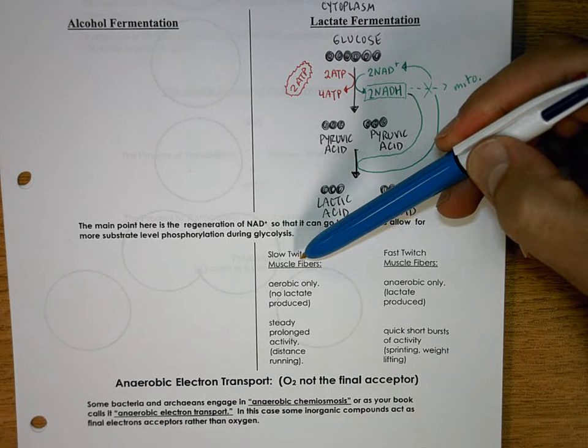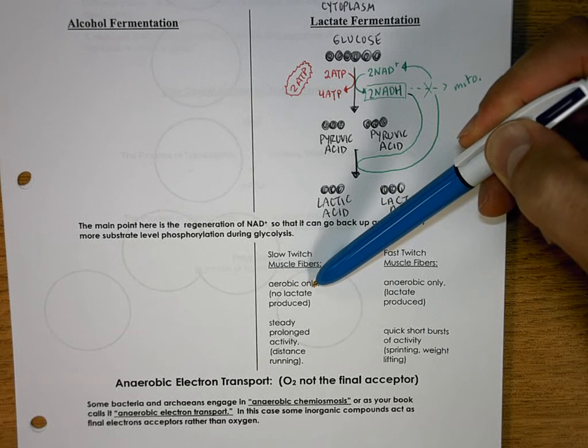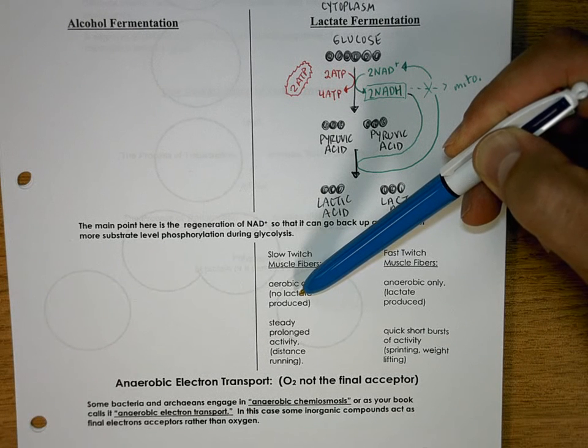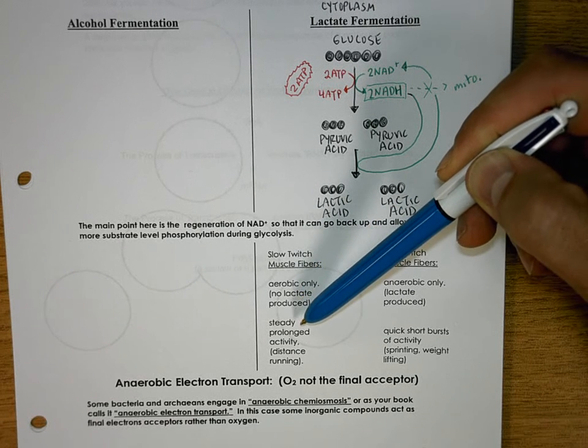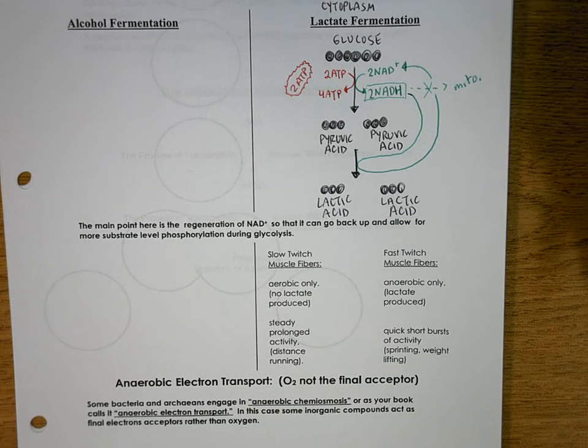Slow twitch muscle fibers function only aerobically, so they would not be undergoing lactate fermentation to produce ATP. And these types of muscles are the types that engage most effectively in steady, prolonged activity like distance running, or if you were a duck or a goose, long migration flights.